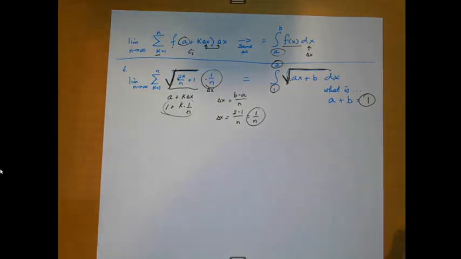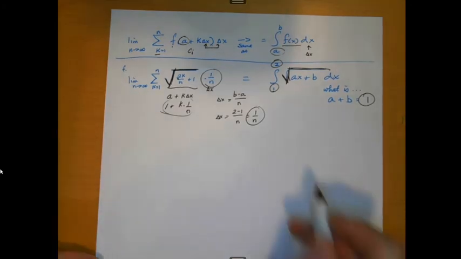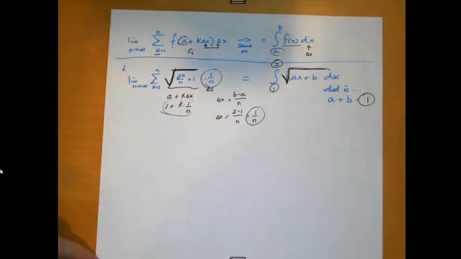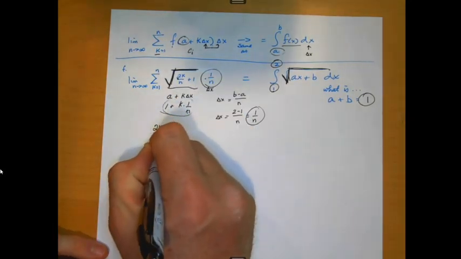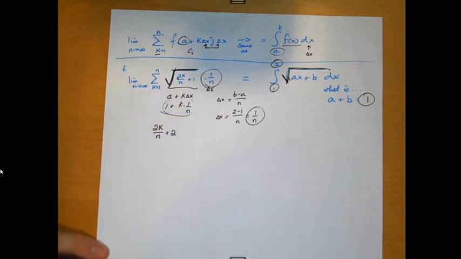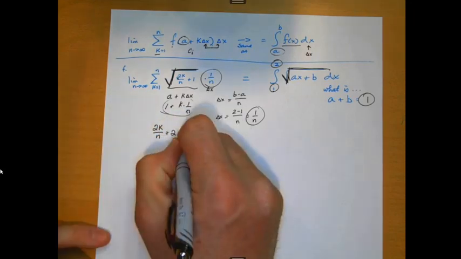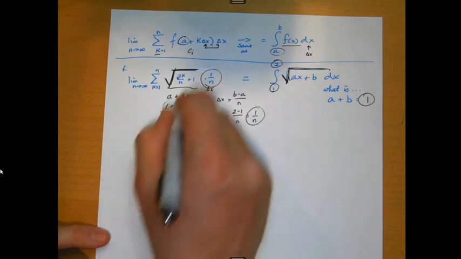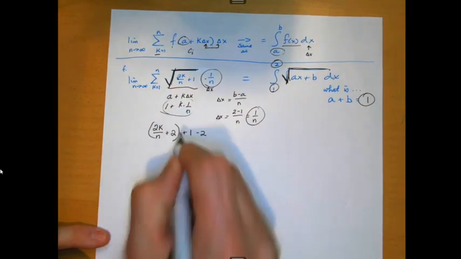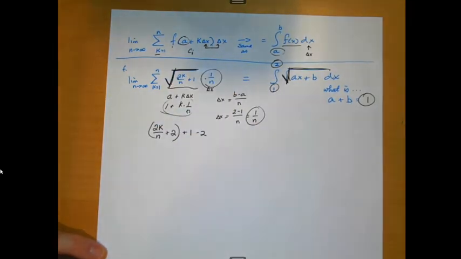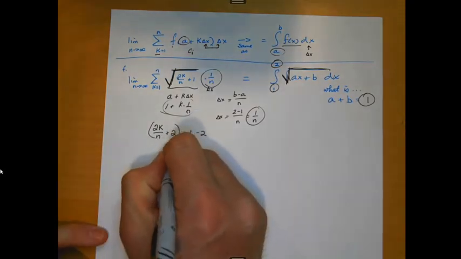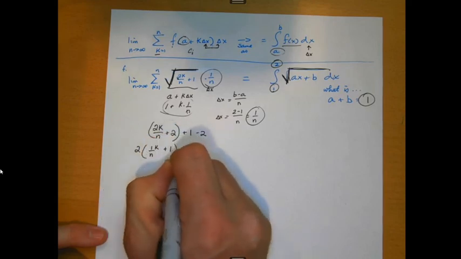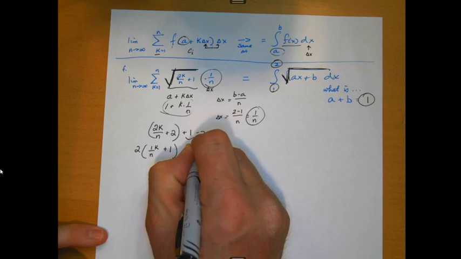Okay, sorry about that. So since this isn't a value, I'm going to add a value to it, which I can do because it is mathematics. I'm going to add 2, and if I add 2, I need to subtract 2 to get an equivalent equation. So I'm going to put it around that. And now if I take out a 2, I'm getting the 1 over n times the k plus 1 minus 1.